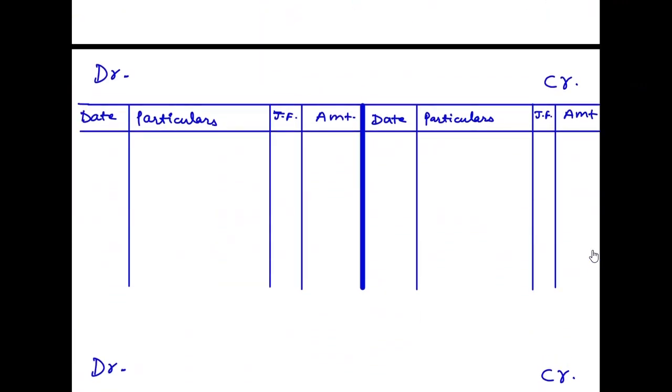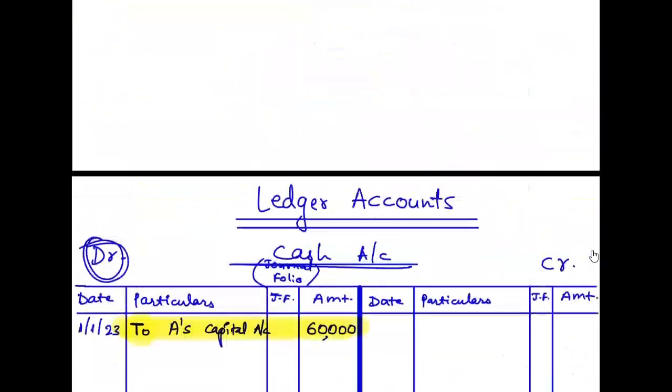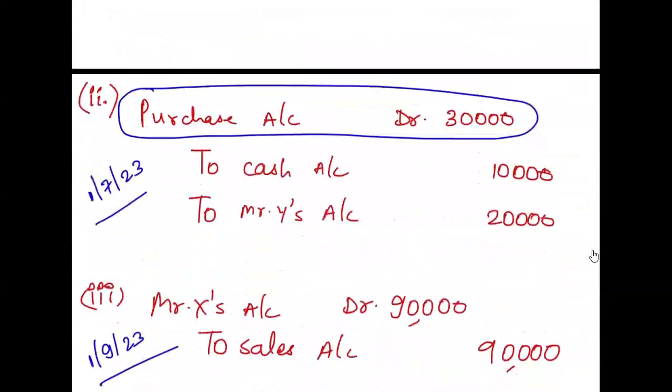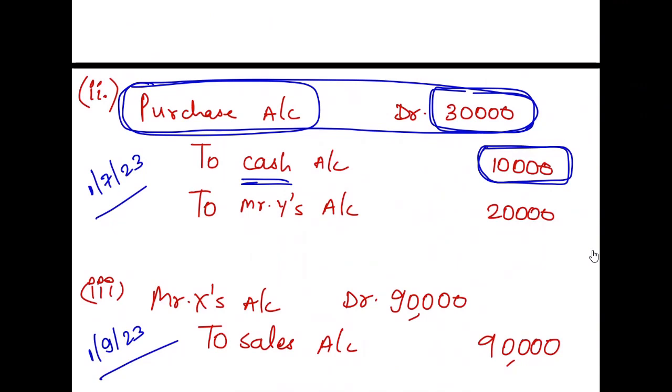Then we will have Mr. Y's account. Why Mr. Y account? You will see here. So in this case, how much the purchase account has been debited with? It is debited with 30,000. And what are the reasons of this? Because the cash has been paid. Goods have been purchased for 30,000, for which the cash has been paid 10,000.